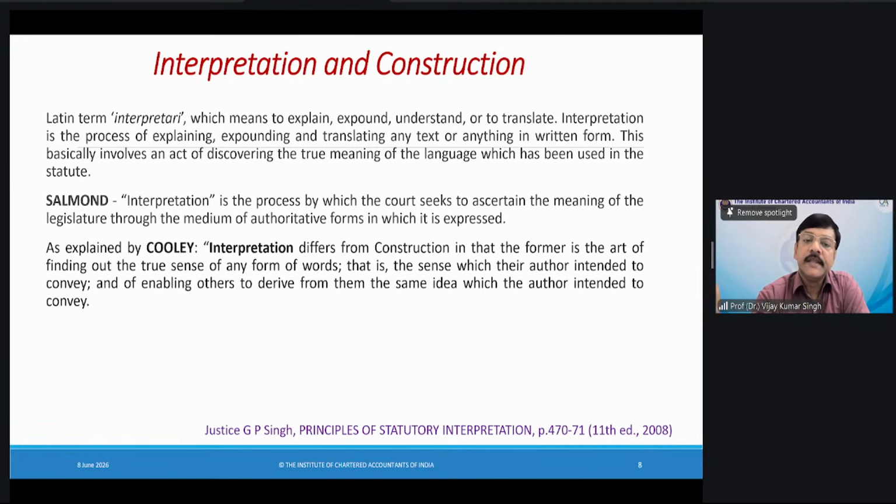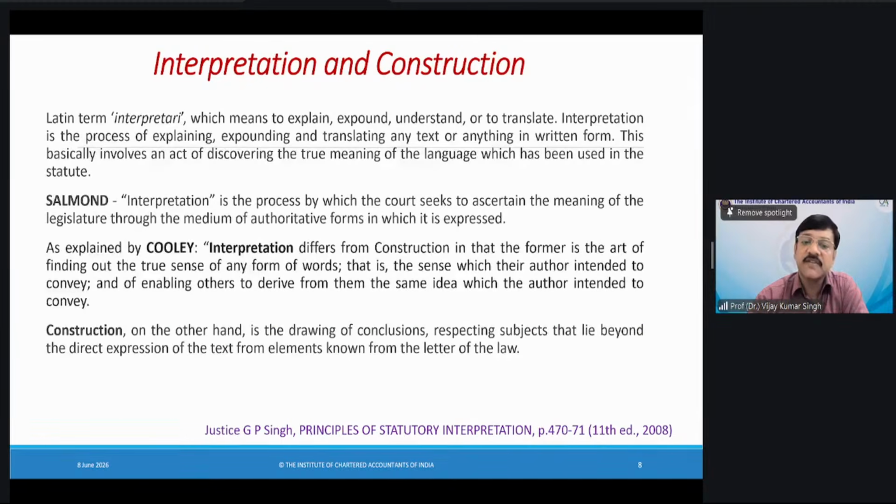Another jurist, Cooley, defines interpretation, and he says that interpretation differs from construction. How? In that interpretation is the art of finding the true sense of any form of words, that is, the sense which their author intended to convey, and of enabling others to derive from them the same idea which the author intended to convey.